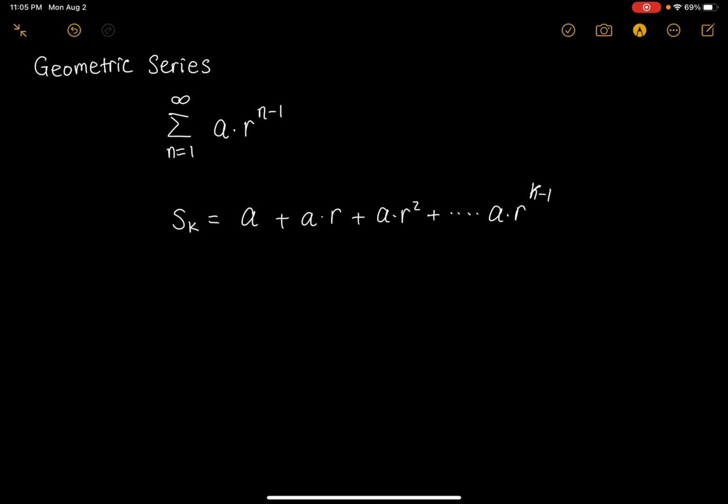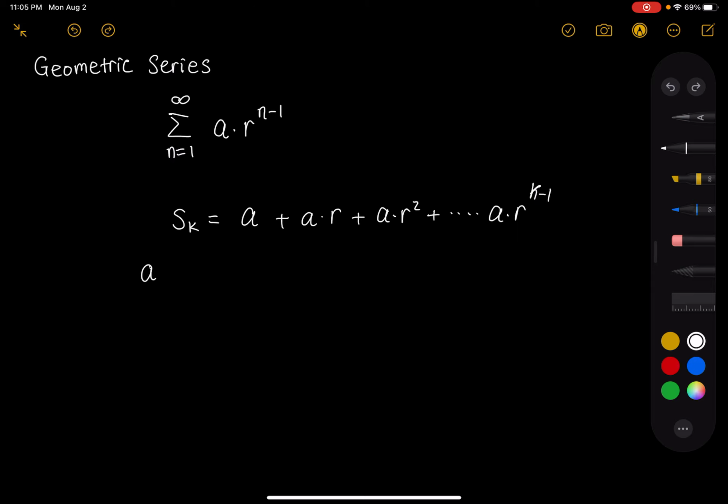So that's S of k. If we multiply both sides by r, we get r times S of k equals a times r plus a times r squared, and so on, plus a times r to the k power.